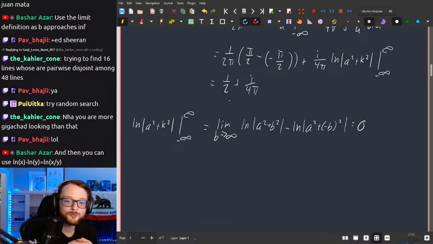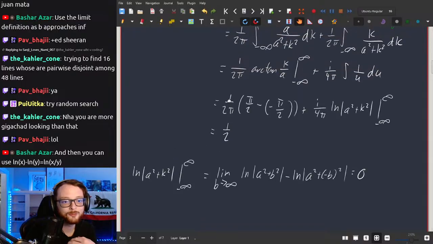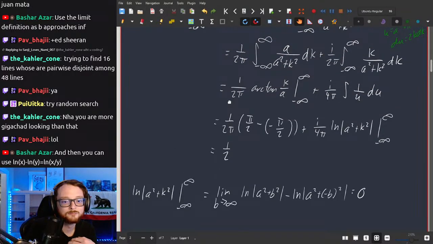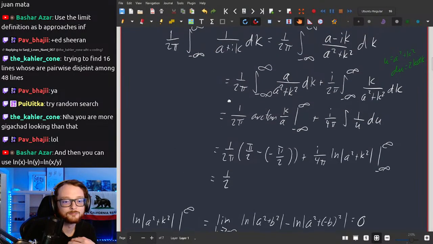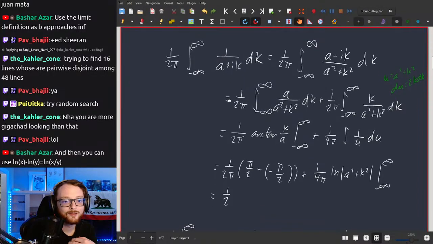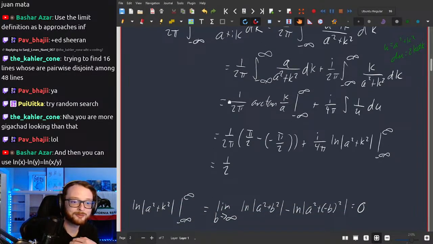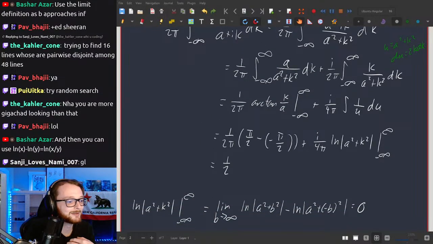Oh, I mean this is just already zero, isn't it? It's just ln of something minus ln of the same thing. I guess that's why the Cauchy principal value converges, but not the regular integral. That's a lot more subtle than the book let on.